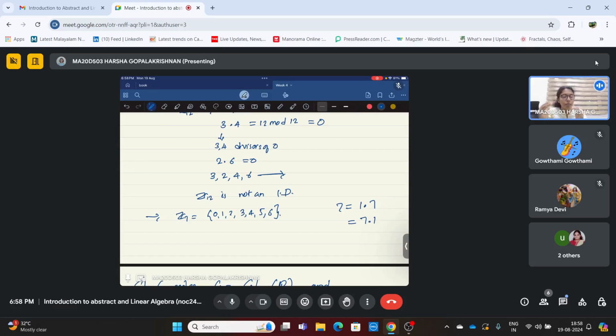Okay, when it becomes a prime, always it will not be having a 0 divisor. Okay, so no 0 divisor. So set 7 is an integral domain.